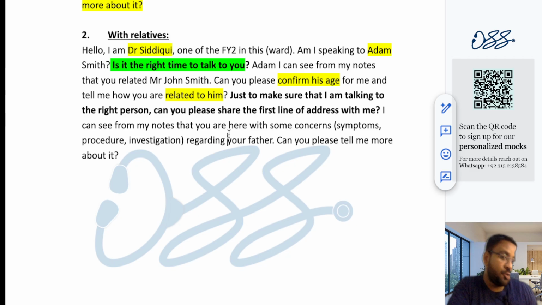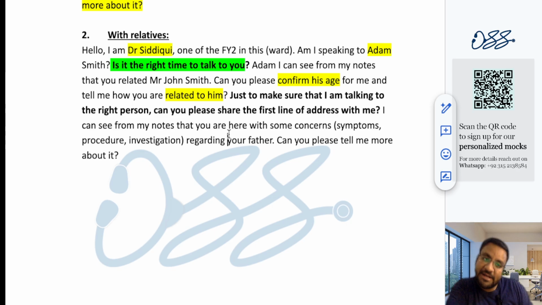Now, since it's a telephone call and a relative is calling, I need to make sure and do another verification. A lot of you must be using Google, and you must have seen that there is a two-step verification whenever somebody else tries to log in to your Google account. Every time we are doing two-step verification, name and age, name and age.